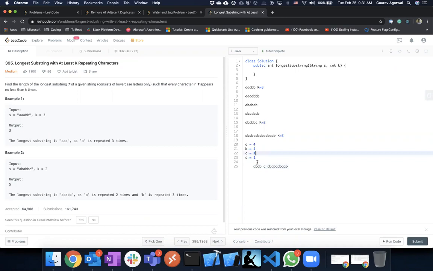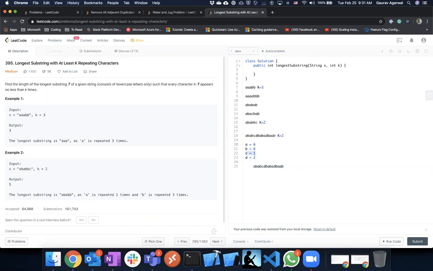Frequency of A is 1, 2, 3, 4, 5, 6. Frequency of B is 1, 2, 3, 4, 5, 6. Frequency of D is 2. And given this string, now what's the known bad character here?